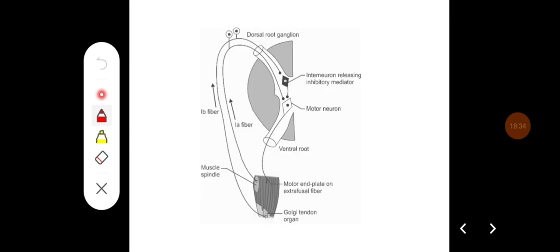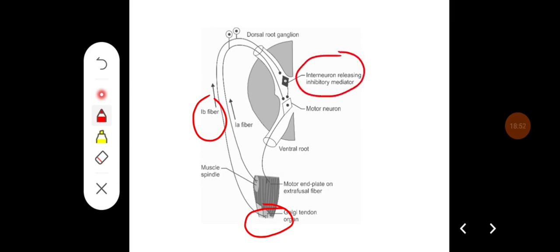And when the Golgi tendon organs are stretched excessively because of excessive passive stretching or active contraction of the muscle fiber, the afferent 1B fires and goes to the interneurons, where it is going to produce an inhibitory neurotransmitter on the same motor neuron, which causes the relaxation of the extrafusal muscle, which is called the inverse stretch reflex or autogenic inhibition, which is again an example of a bisynaptic reflex.